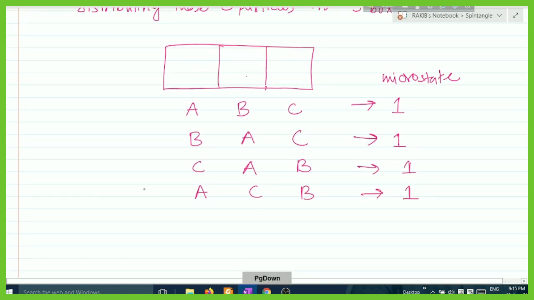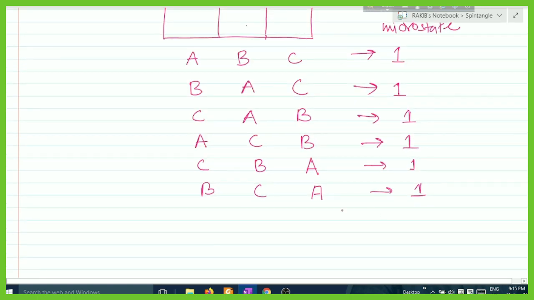And CBA, and you can arrange them like BCA. Okay, this is another microstate. So this means what? I cannot rearrange them other than this. Okay, this means there are 6 microstates.